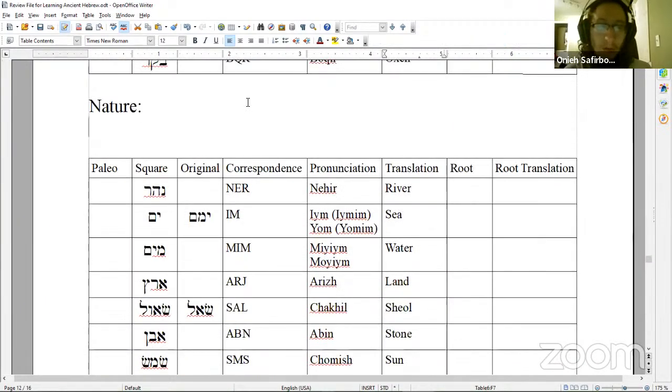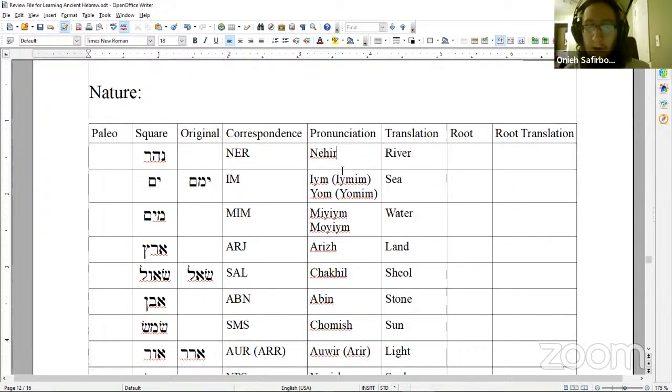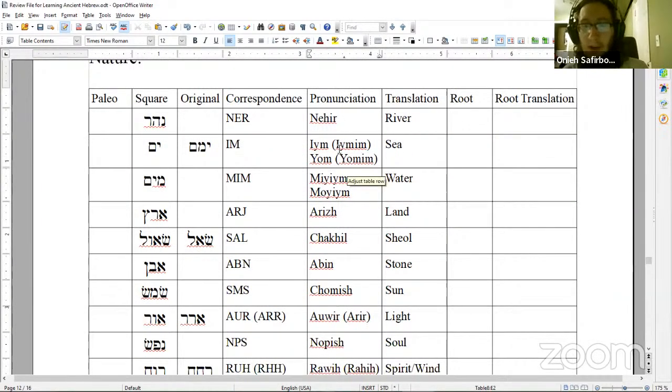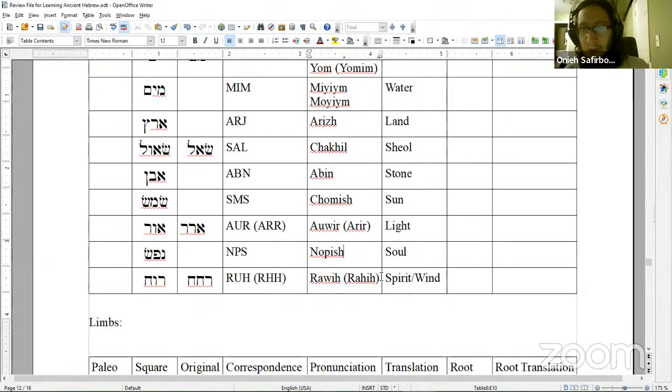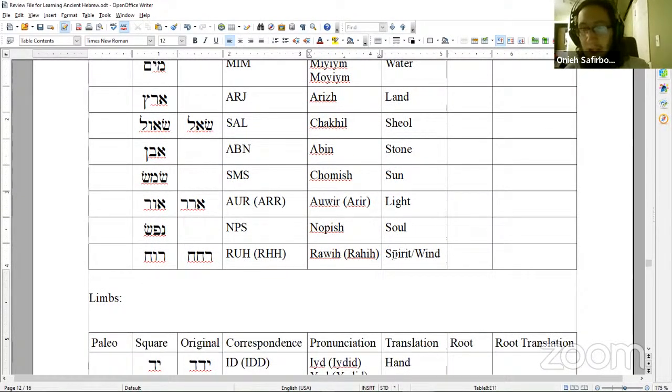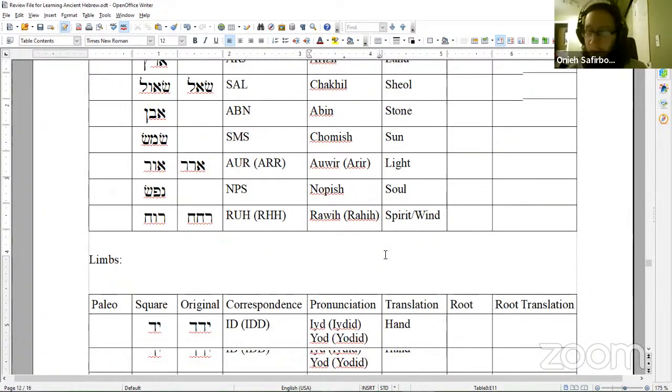And for nature, we have Neher, river, and Im, sea, originally is Imim, and Miyim, water, Arish, land, Shachil, shoal, Abin, stone, Chamish, sun, Hour, light, originally Arir, Napish, soul, Rawa, originally Rachiv, spirit and wind.